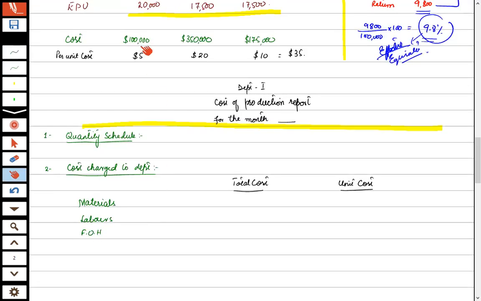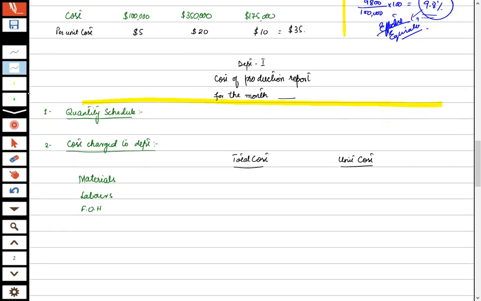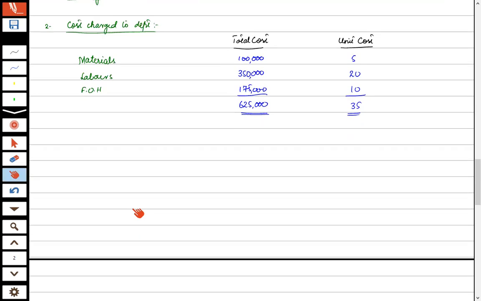It would be given. This is the cost. So we will write it in the columnar form. Material cost is 100,000, 350,000, and 175,000. Unit cost would be 5, 20, and 10. Total is 35, and this cost would be a total of 625,000. Okay, this is the second step. Now, the third step is very important.